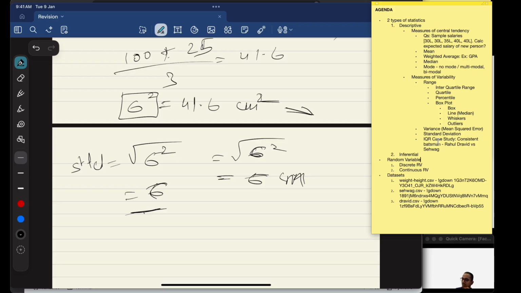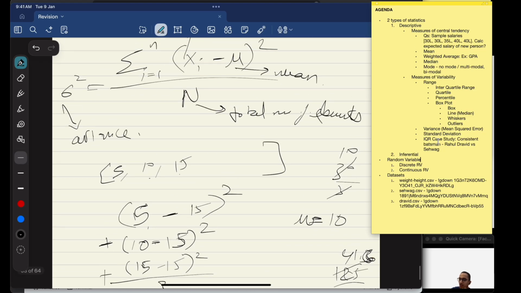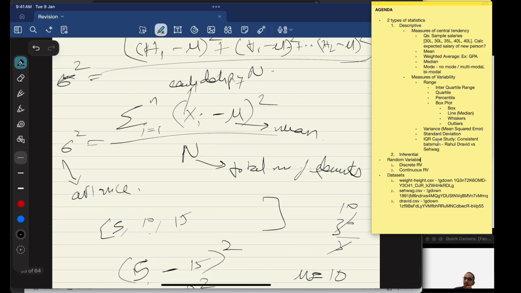So if I have to give the definition from the equations, variance is the mean squared spread of data. That's the definition.